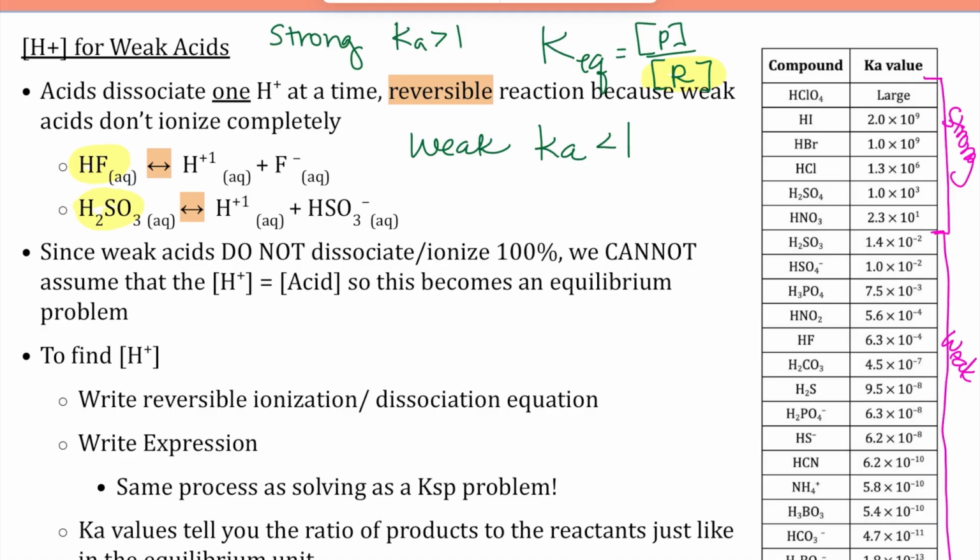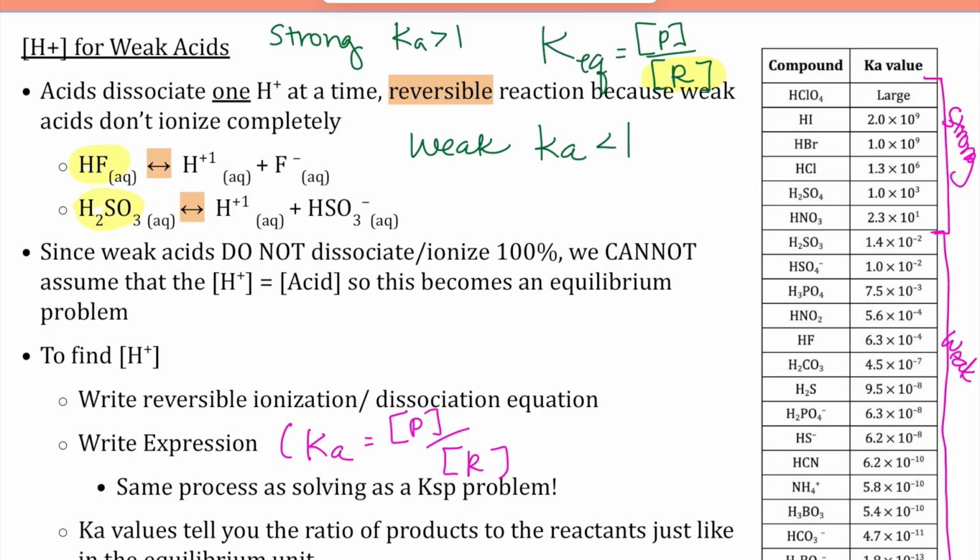So we write that ionization or dissociation equation showing how it would break up, or what does break up. Then we're writing that expression. And so instead of writing a Ksp expression or a Keq expression, we call it a Ka expression, but it's still going to be our concentration of products over concentration of reactants. Nothing has changed.